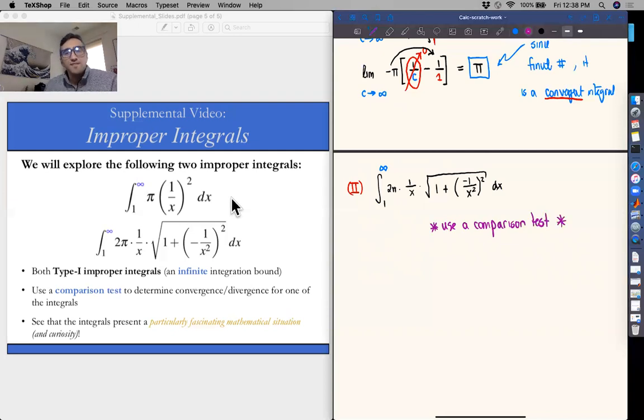And the reason for this is we have a natural function that we can compare it to. As a spoiler, we're going to compare it to basically what happens to the improper integral of 1 over x. Well, more specifically, 2 pi over x, if you will.